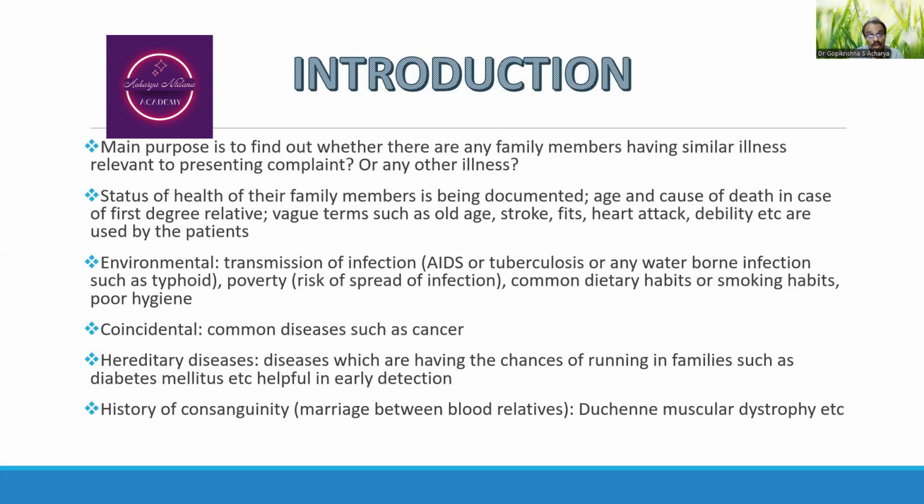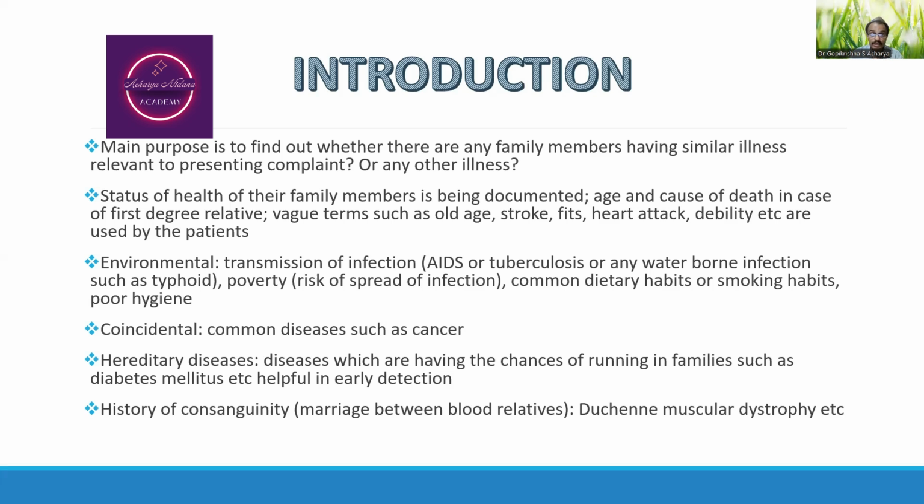And certain non-communicable diseases such as joint pain, which may be indicative of degenerative conditions. Like that, we are going to inquire about any other illnesses, and note the status of health of their family members.